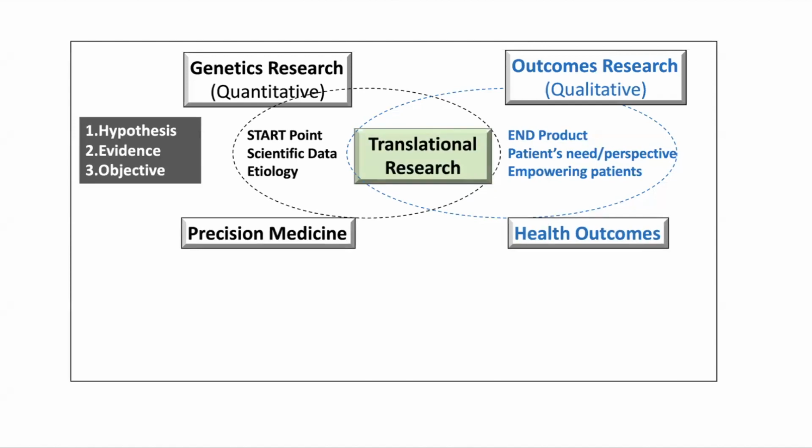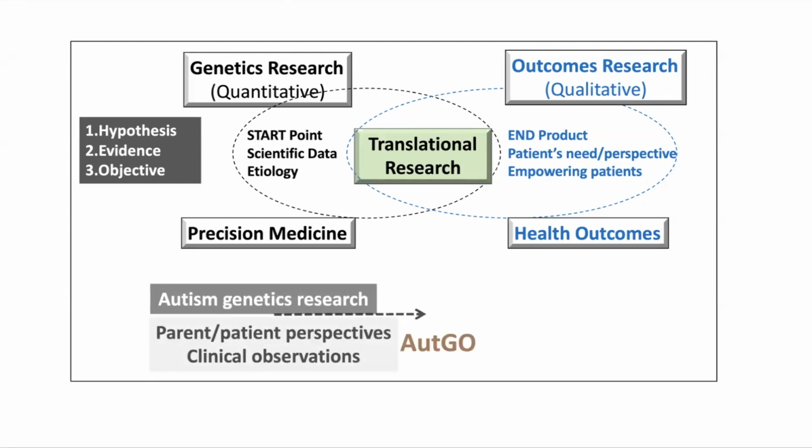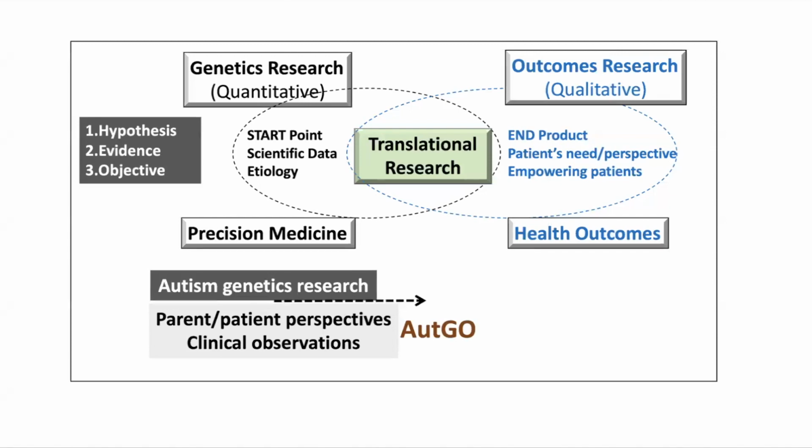Despite differences in their approaches to hypothesis generation, data collection, and overall objectives, both genetics and outcomes research aim to make research more translational by improving health outcomes or contributing to precision medicine.